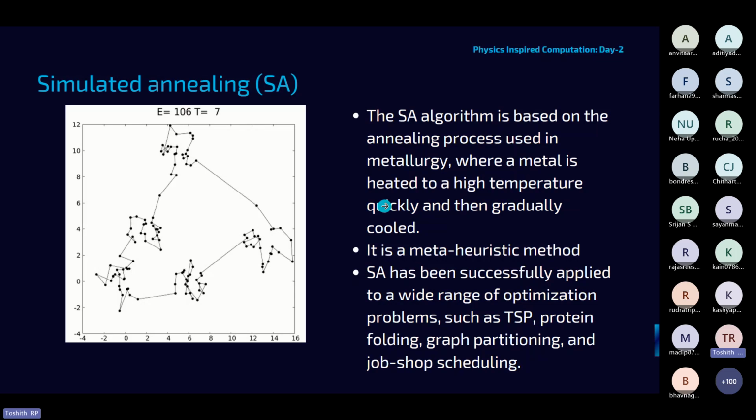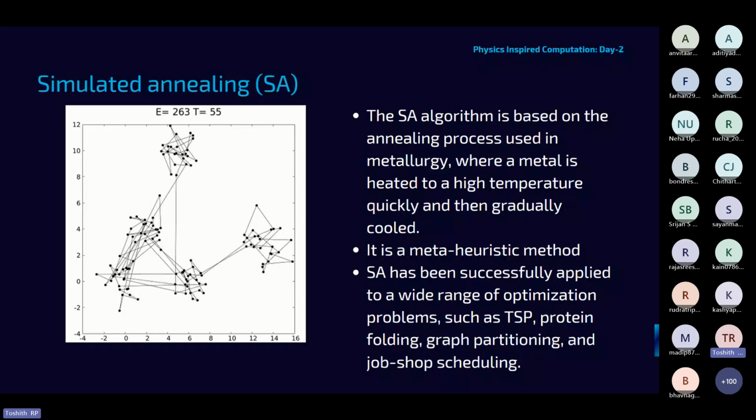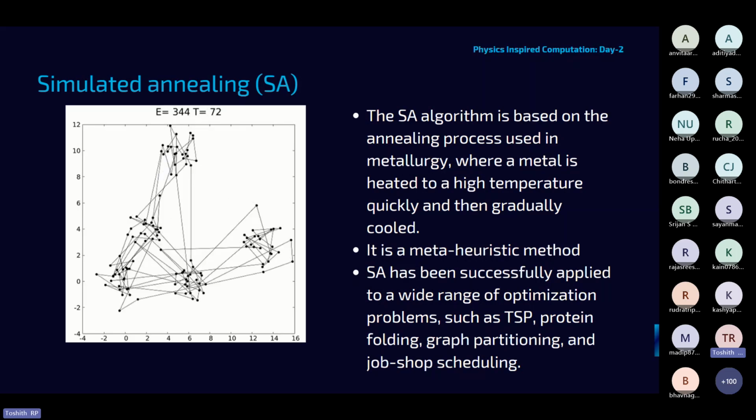Simulated annealing, as I said, is a metaheuristic algorithm. The physical process of annealing starts with the metal at a higher temperature. Similarly, simulated annealing starts with a high energy state, which is our initial solution, which is not the best solution, as you can see over here.